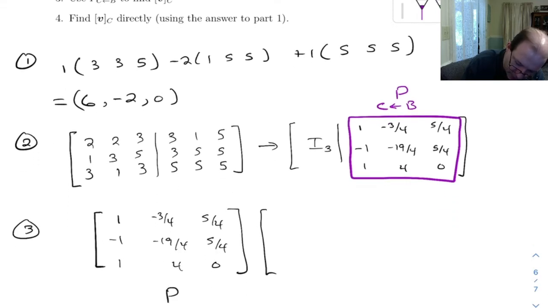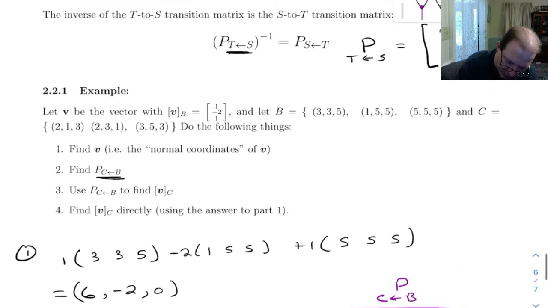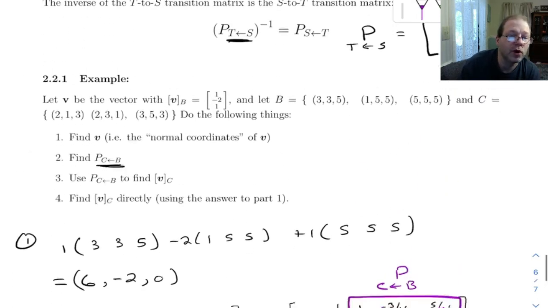I'm going to label it below this as P that maps B to C. So we're going to multiply it by the coordinate vector with respect to B. And that's going to give us the coordinate vector with respect to C. So let's see, what is the coordinate vector with respect to B that was given to us up here? 1, -2, 1.